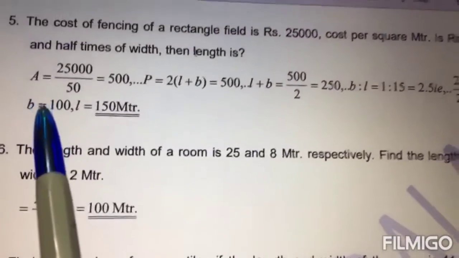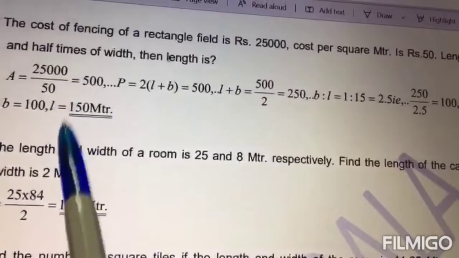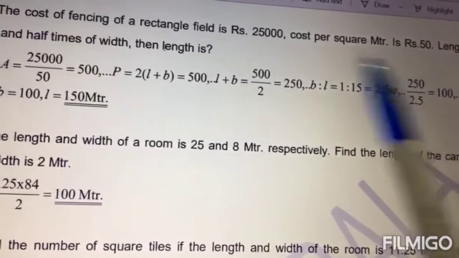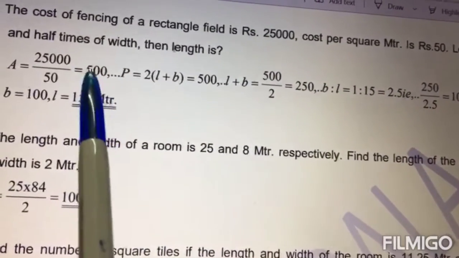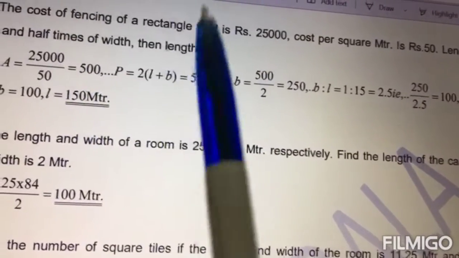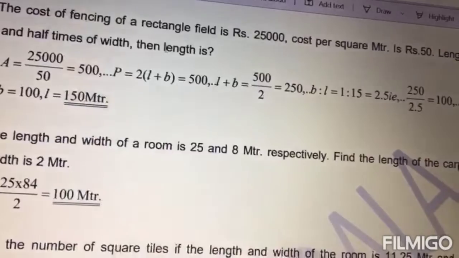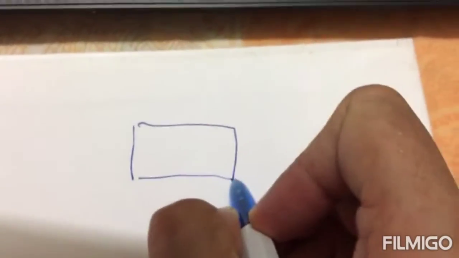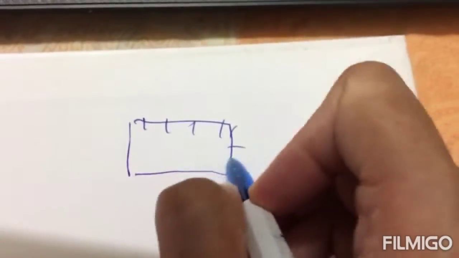So P stands for perimeter, which should be 25,000 divided by the cost per meter. So you will get the number of meters that are fenced. Fenced means putting a fence. So how do I know whether this is a perimeter or area? Because in a rectangular field, normally we put the fence on the edge.